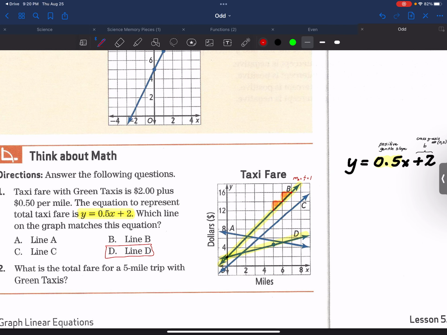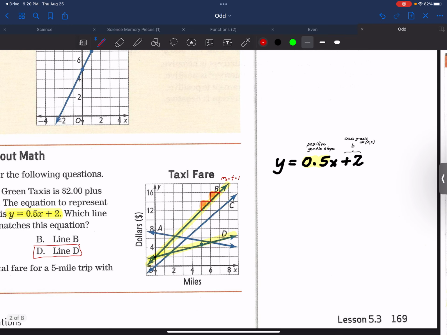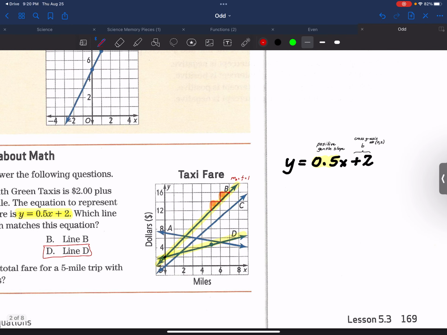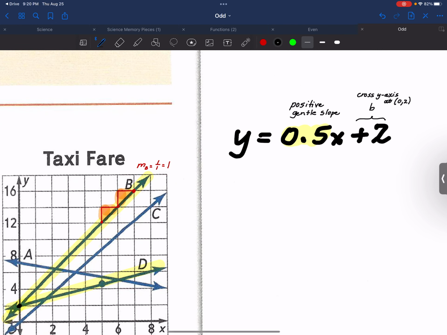What is the total fare for a 5-mile trip with green taxis? Well, if we're going to let this be our formula, that's all we need to go to. When y is 0.5x, we're going to substitute 5 for x. This is 5 miles right here, plus that $2.